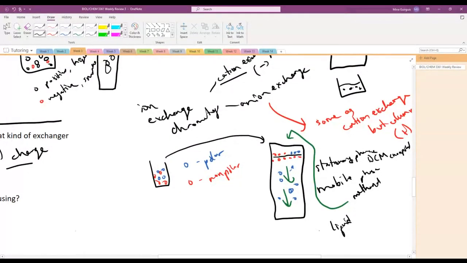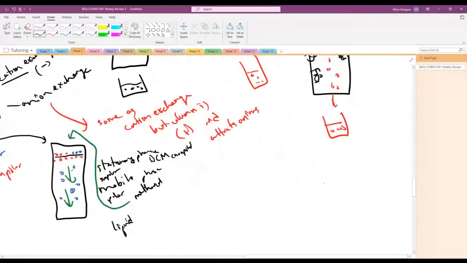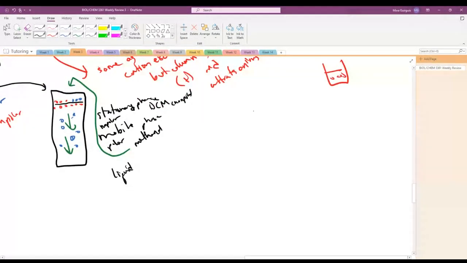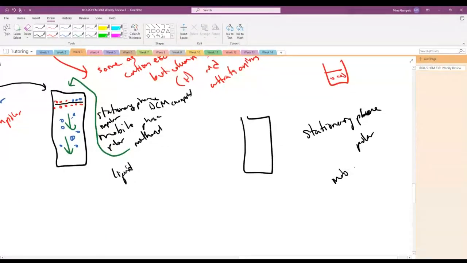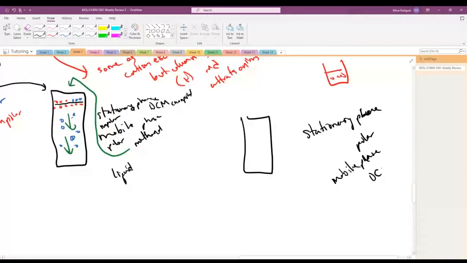I include that regular because reverse phase is the exact opposite. So in this case, stationary phase nonpolar, mobile phase polar is liquid chromatography. So again, we'll do the exact opposite. So we're going to say our stationary phase in this case will be polar, so it could be the methanol, and our mobile phase will be the dichloromethane.